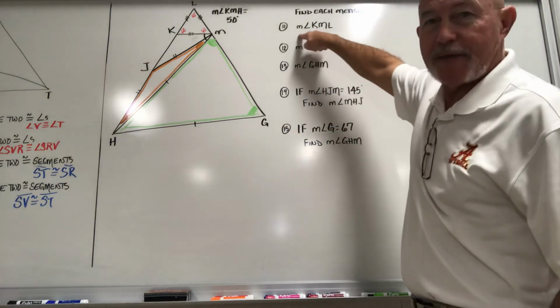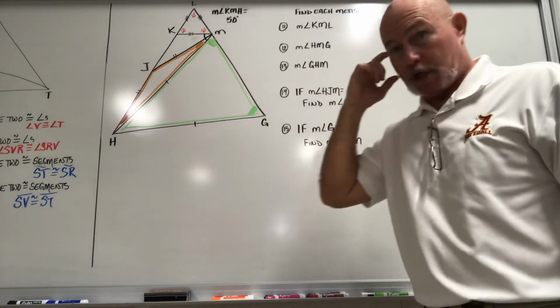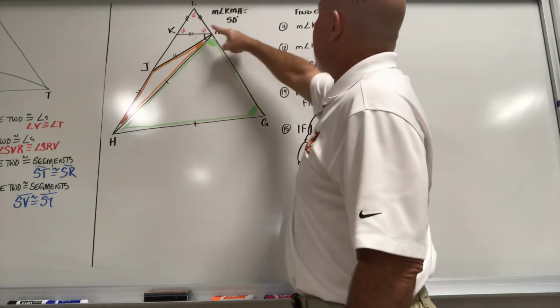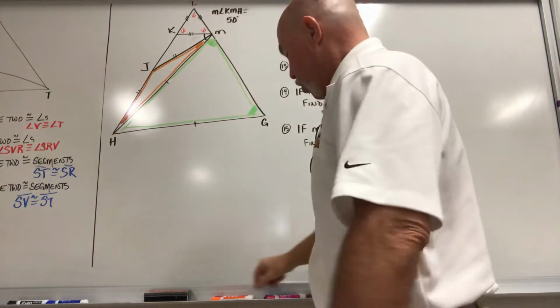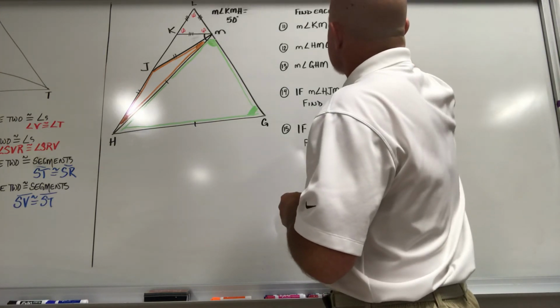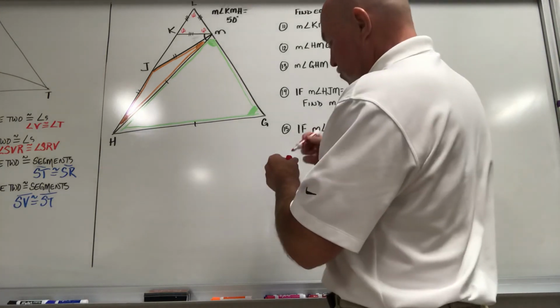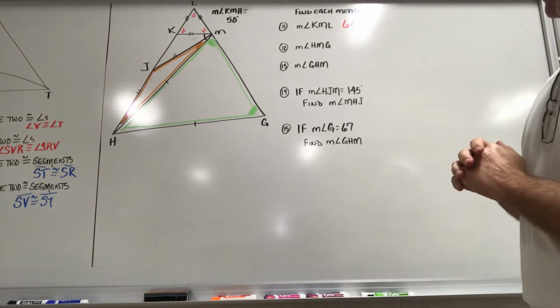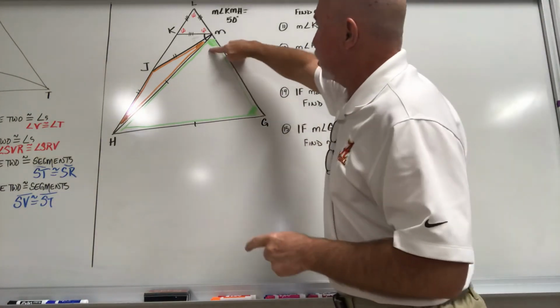Here's what we're going to do. Remember, when you get the M out in front, find the measure. So the measure of angle KML. We know that one. We already found it. Now we need HMG, this one.